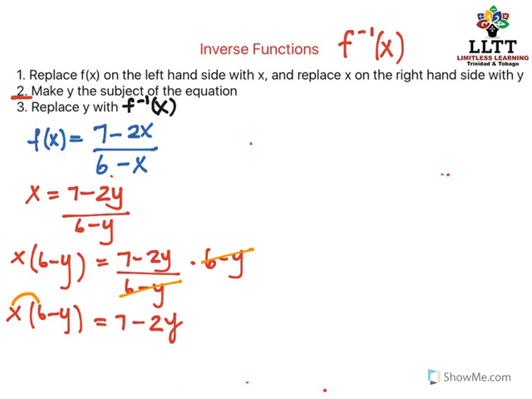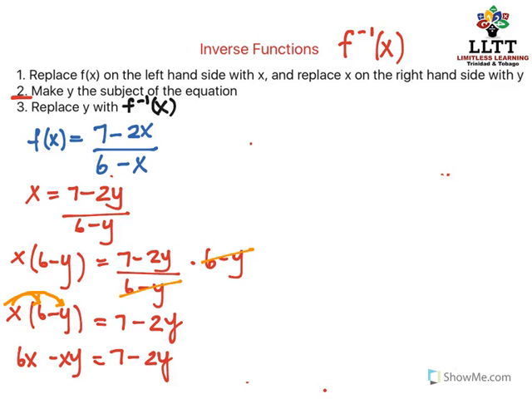Next, I want to expand what's on my left-hand side. So I'm going to multiply x by this first term. I also have to multiply x by this second term. So x times 6 will be 6x, and x times negative y will be negative xy. Then on my right-hand side, I still have 7 minus 2y.